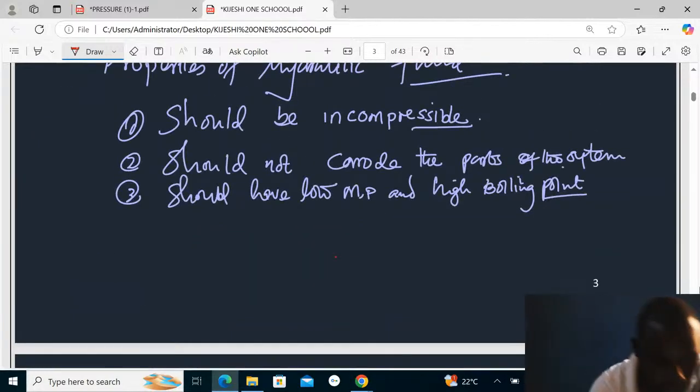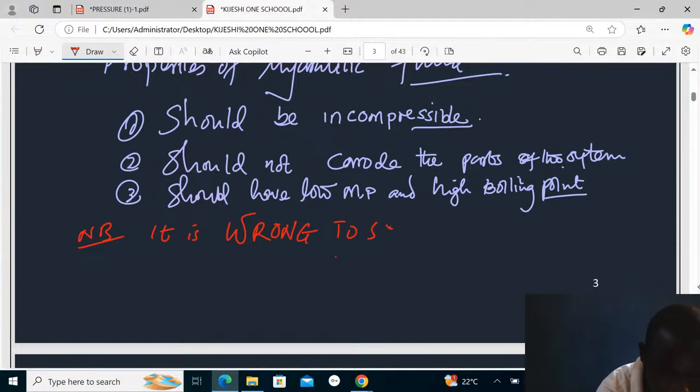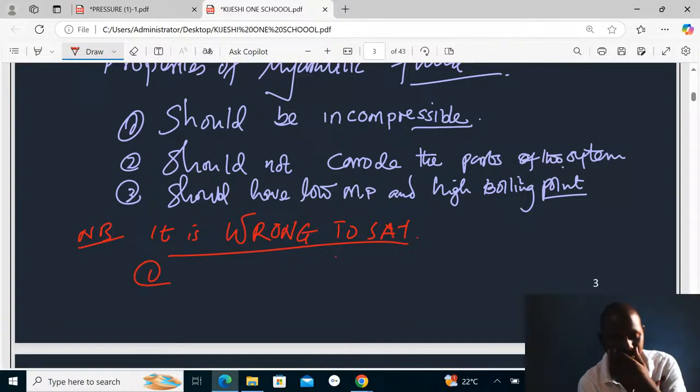It is wrong to say it should not be compressible.